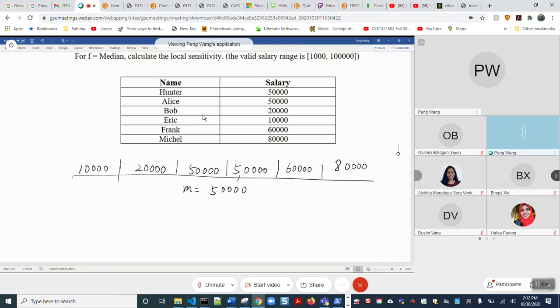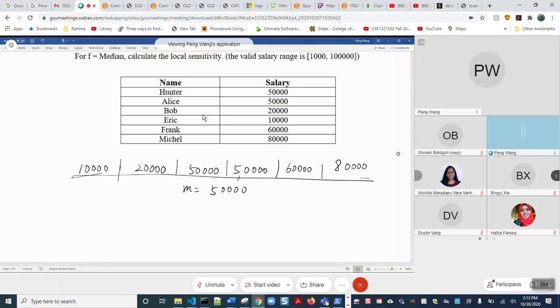550,000. And because we are calculating the local sensitivity, we need to make the median change the most. By observation we can find only if we change the largest one or the lowest salary, we can make the change be the most.